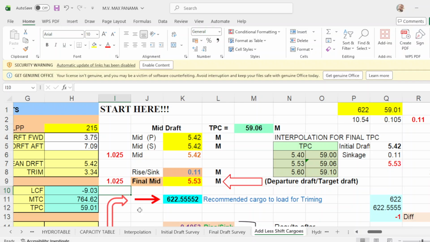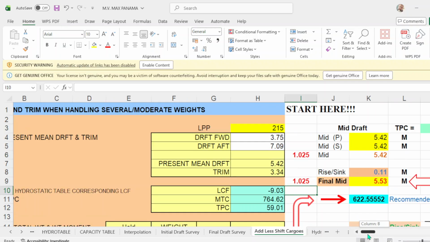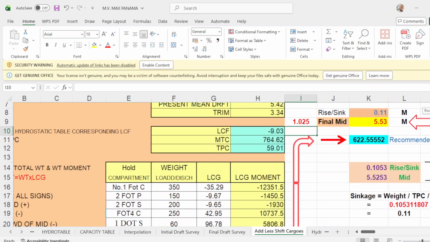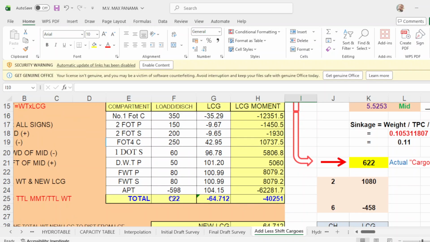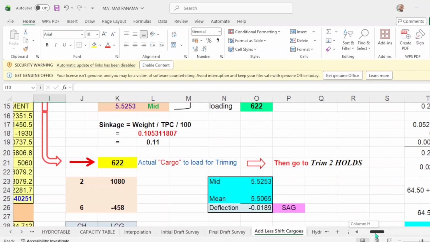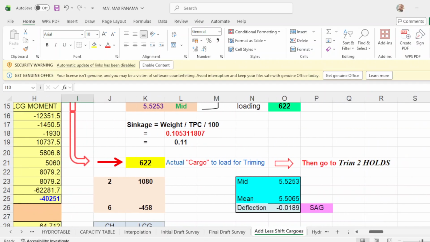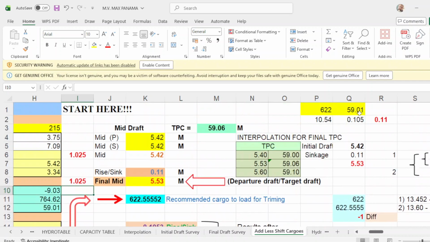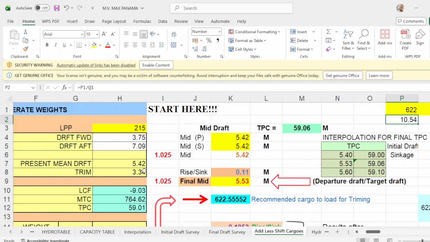Okay. Your total weight, okay, total weight is 622, right? So what you do, you put here 622, and the next row is the initial TPC. TPC of mean draft is 59.01. Okay.